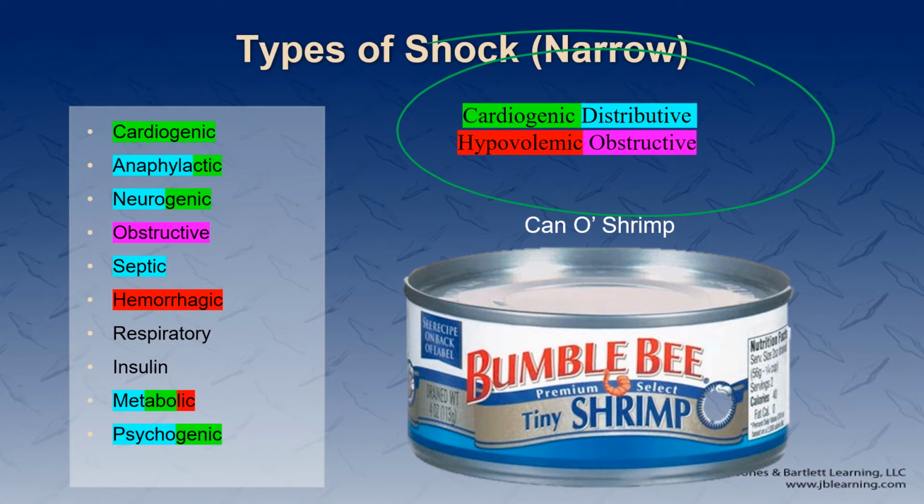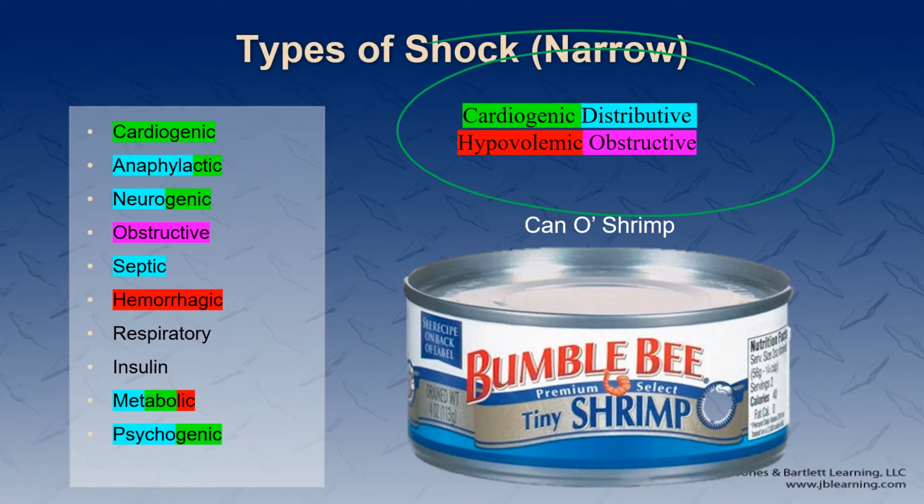So metabolic shock can be the result of any of the three non-obstructive shock types, but that's going to be somebody who's in like profound DKA or certain poisonings where they're not appropriately metabolizing glucose, they're not appropriately utilizing oxygen, and it's resulting in that acidosis that can cause vasodilation, that will cause heart failure, that can cause them to lose fluid through urination.